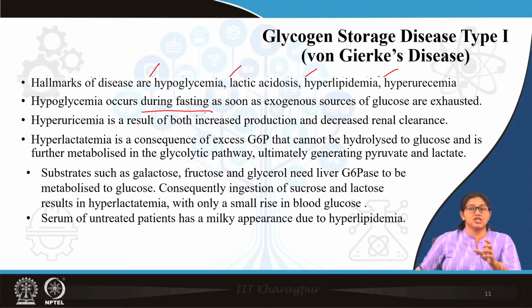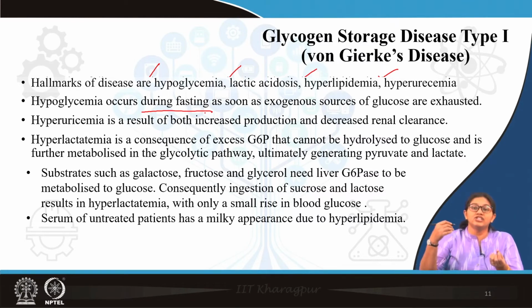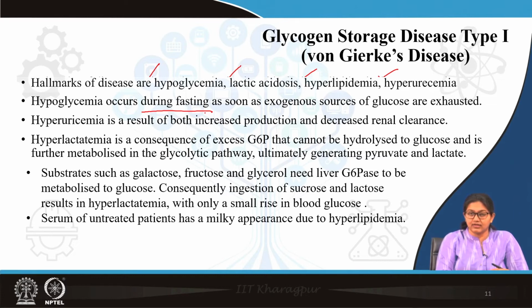Now, this glucose 6-phosphate, if you remember, can enter different other pathways, like it can enter the HMP shunt. In the HMP shunt, you have already read that it is important because it gives those pentose sugars which are finally giving rise to nucleotides. Now, uric acid is a breakdown product of nucleotide.